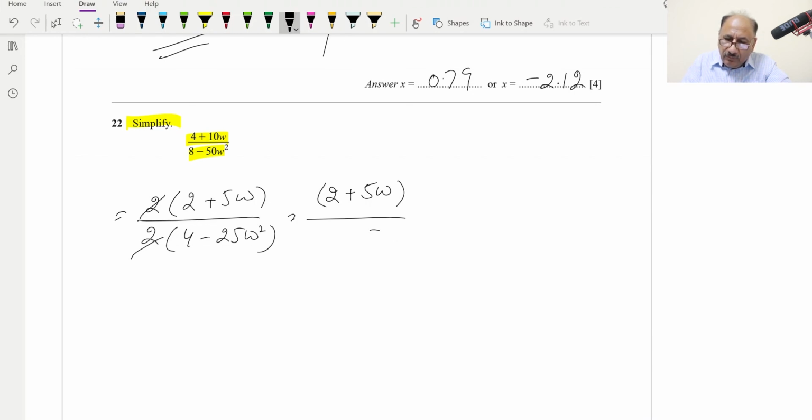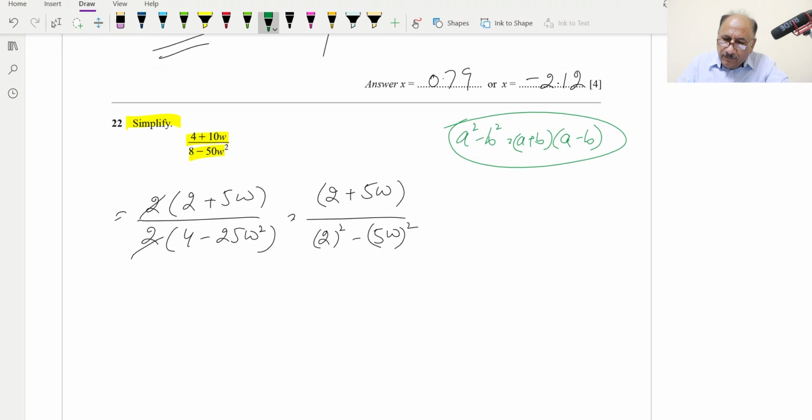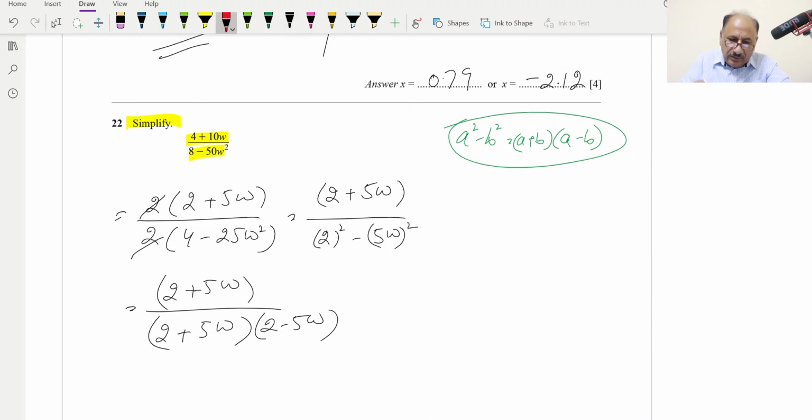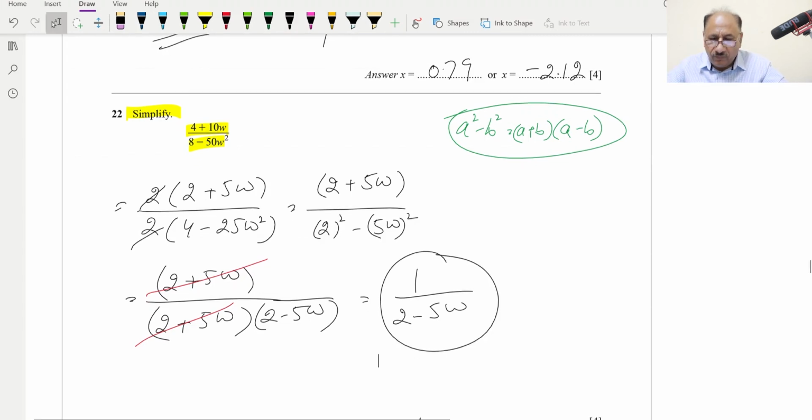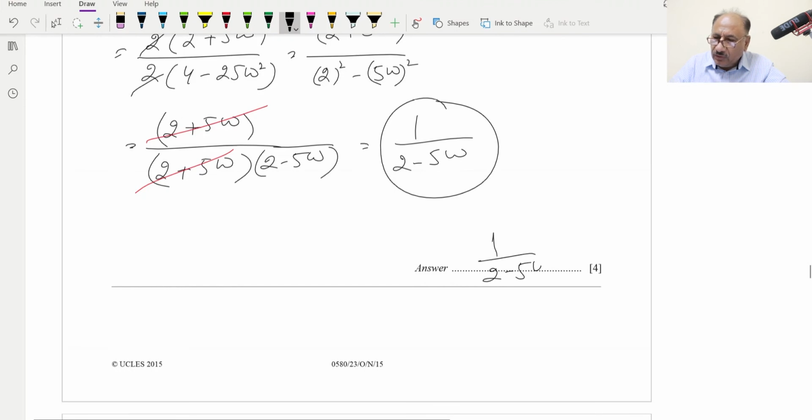And 4 minus 25w squared we can rewrite as 2 squared minus 5w squared, like this.